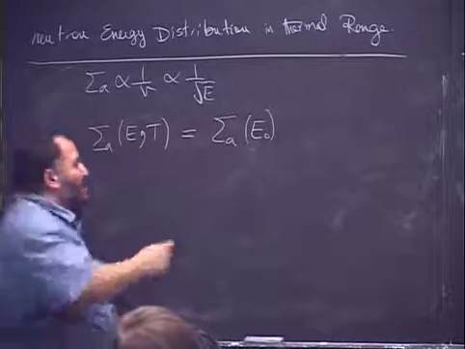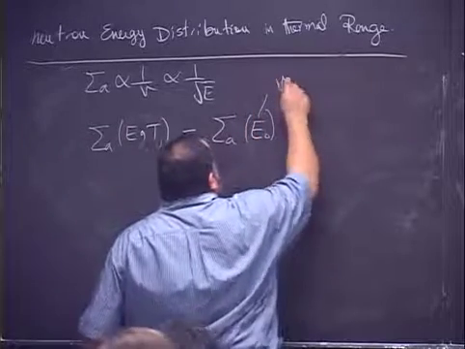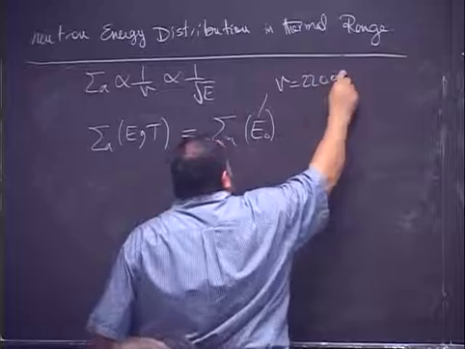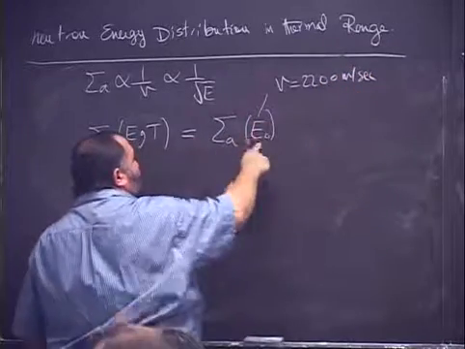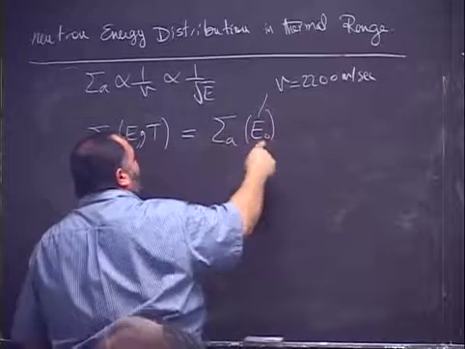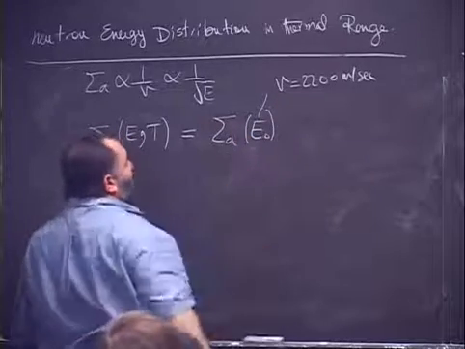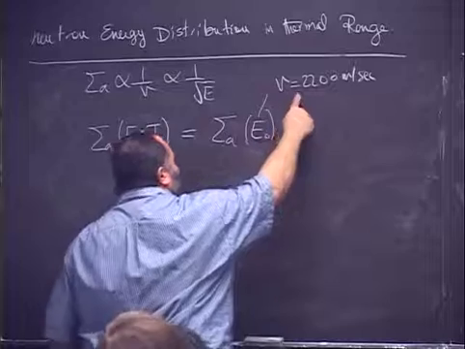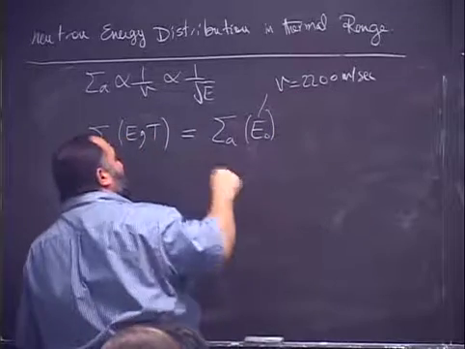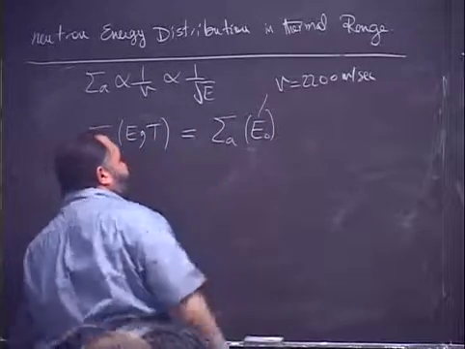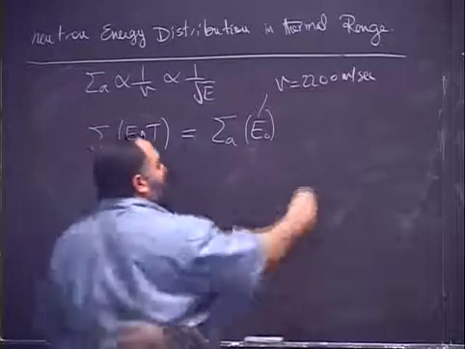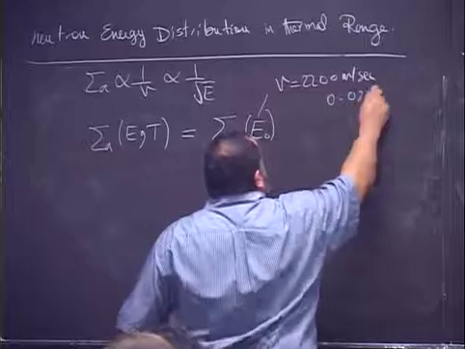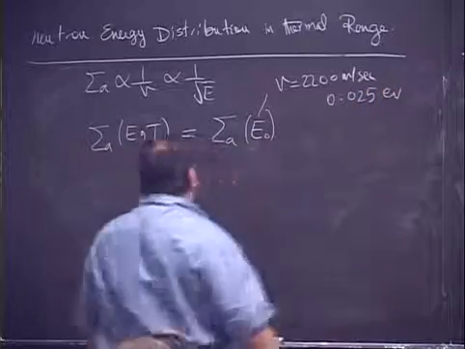Energy E naught. Usually E naught corresponds to a velocity of 2200 meters per second, and this is why they call it the 2200 meter per second cross section. And the flux evaluated at this velocity is called the 2200 meter per second flux. This is equivalent to, I think, 0.025 electron volt.